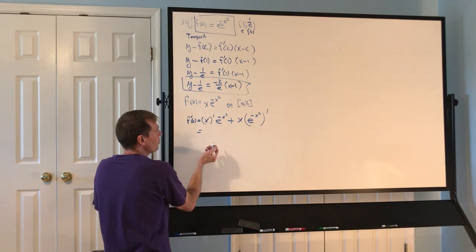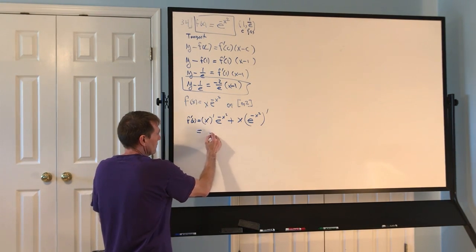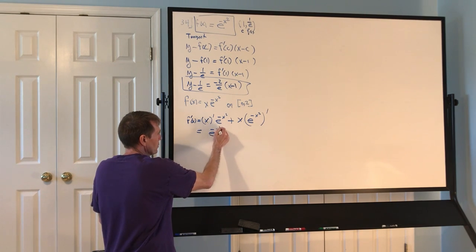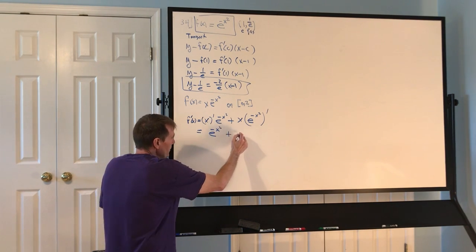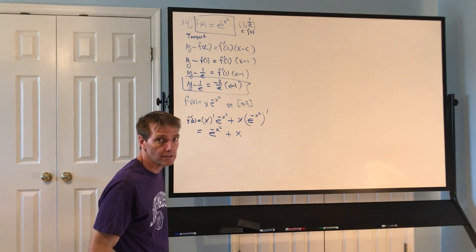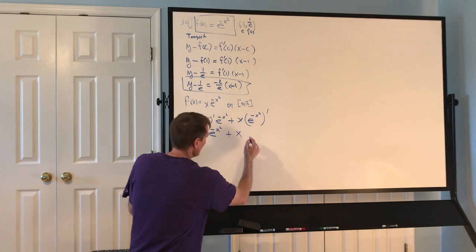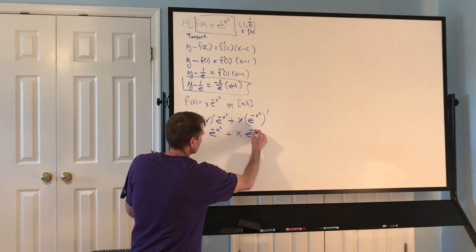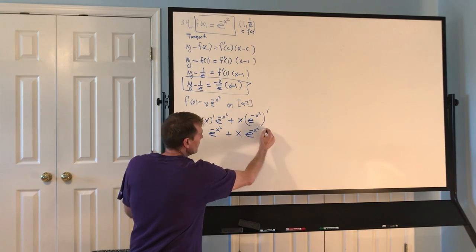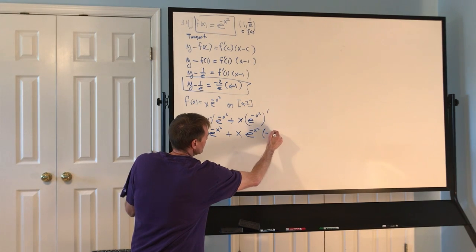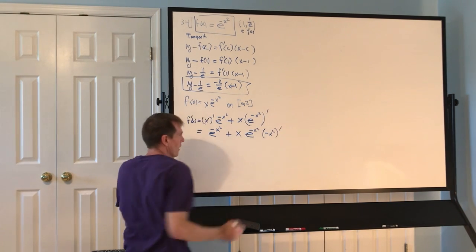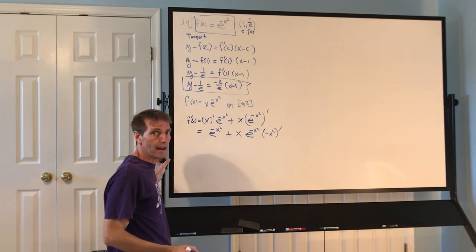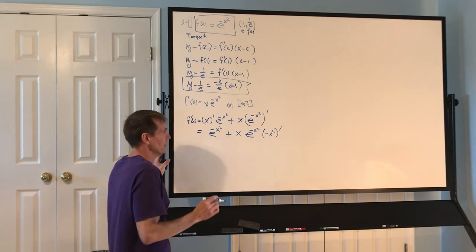The derivative of x is 1. So we're just left with e to the minus x squared here. The derivative of this one, we need that e to the f of x flashcard. If you don't think, you just write it down again. Just write that down, then times the derivative of that exponent. The derivative of e to the f of x is e to the f of x times f prime of x.